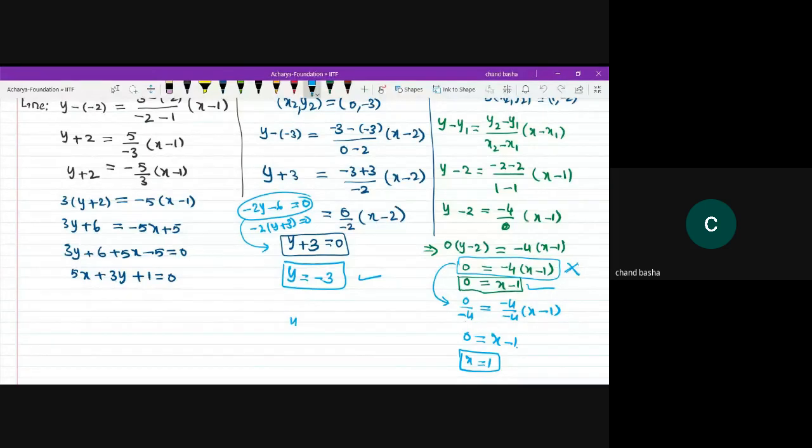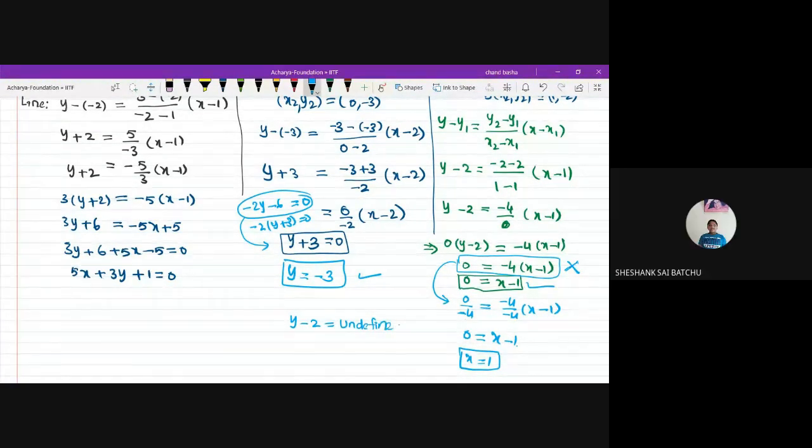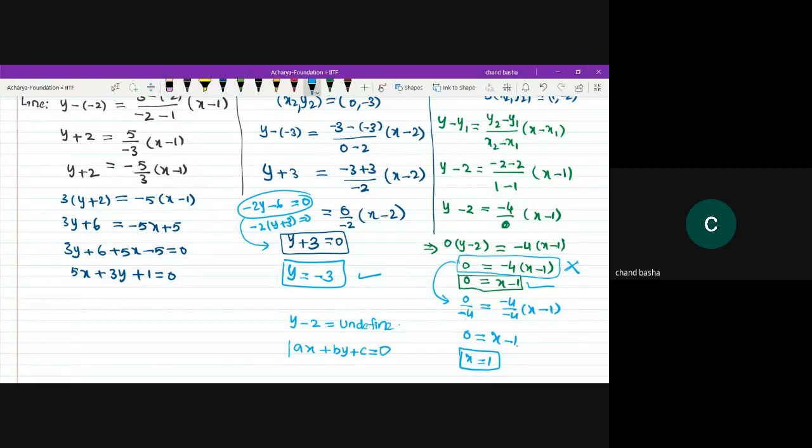So you are telling that I can write y -2 is equal to undefined. You cannot write like this. The equation of the straight line is ax plus by plus c is equal to 0. This is your standard form.